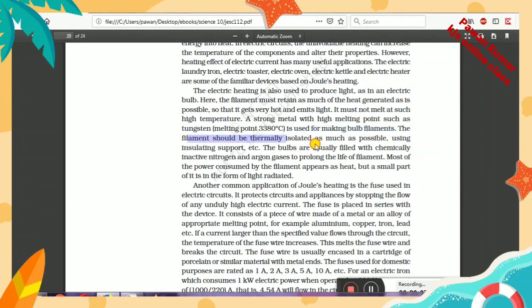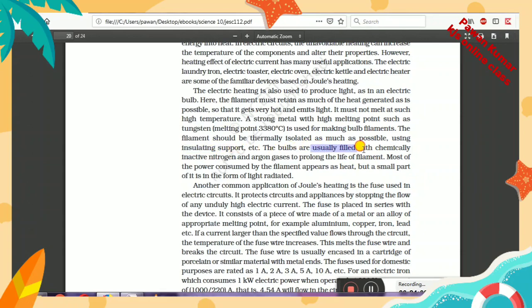The filament should be thermally isolated. Means children, remember inside that glass of electric bulb, to protect that tungsten filament from any type of reaction, we are filling an insulating gas inside the bulb.